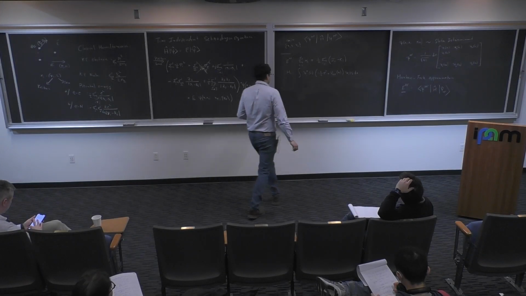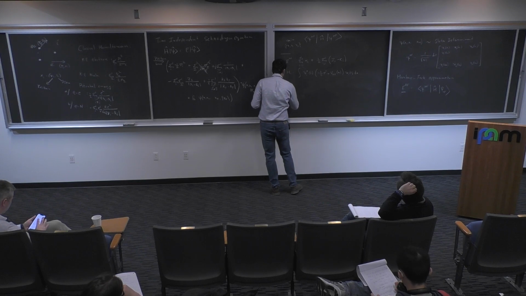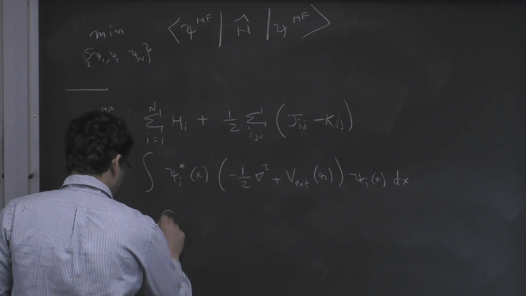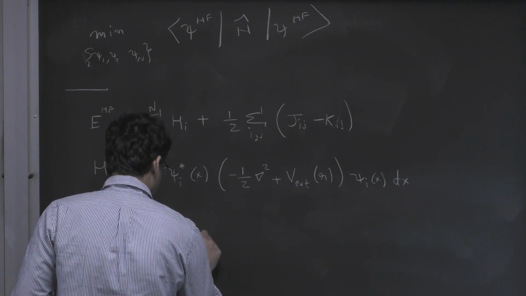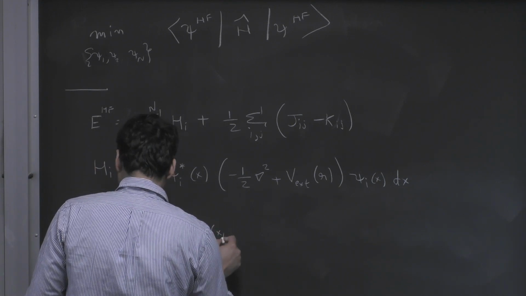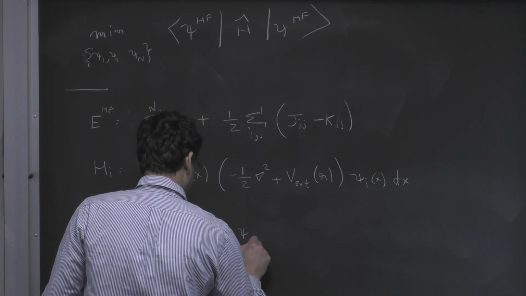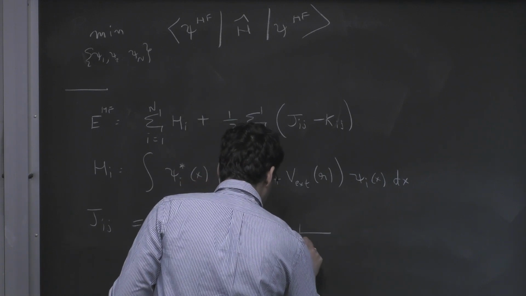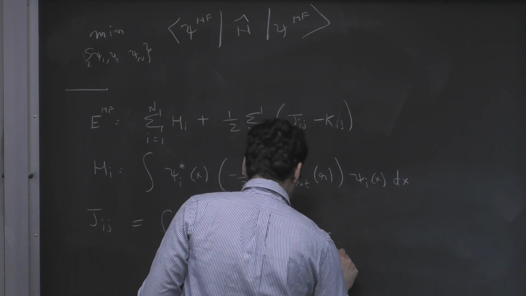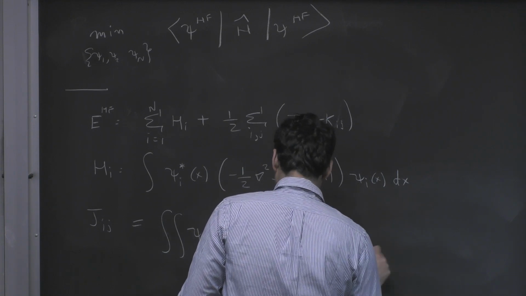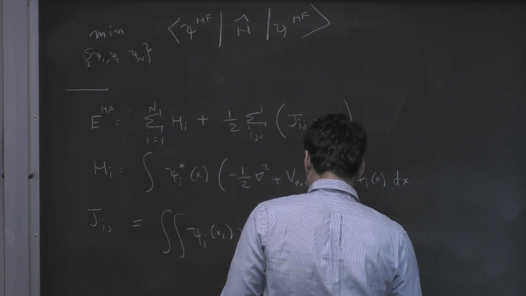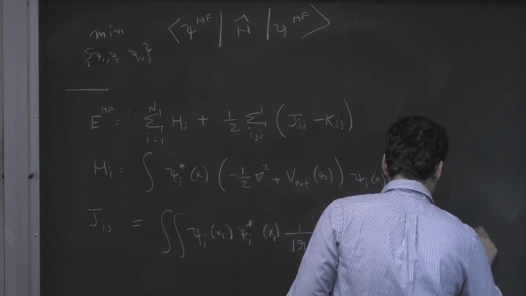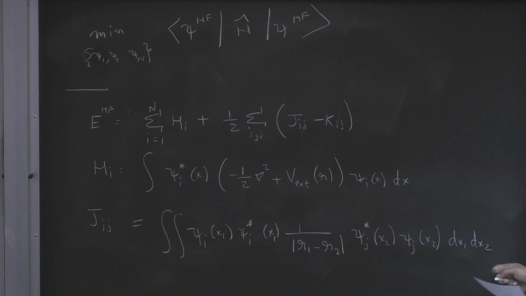Coulomb potential. And your J_ij, which is called the Coulomb integrals, are given by a double integral, psi_i of x1, psi_i conjugate of x1, over mod r1 minus r2, psi_j conjugate of x2, psi_j of x2, dx1, dx2, where I'm integrating over both the positions and the spins.